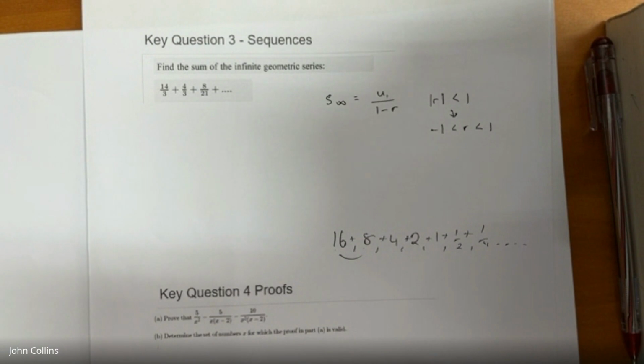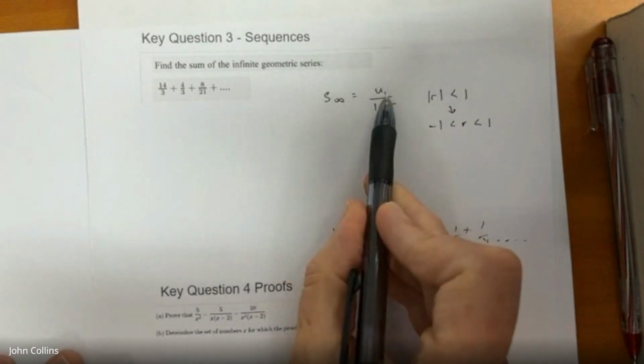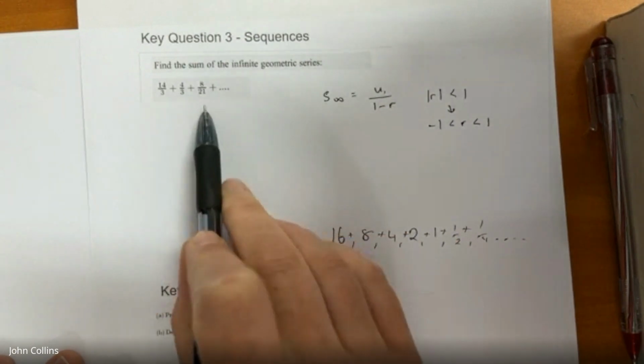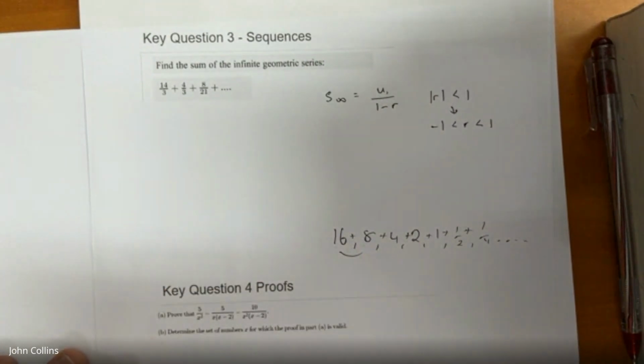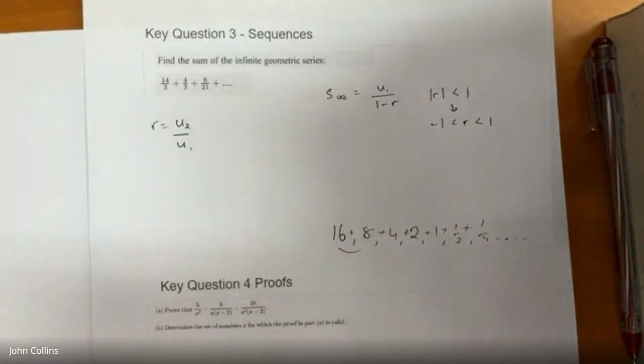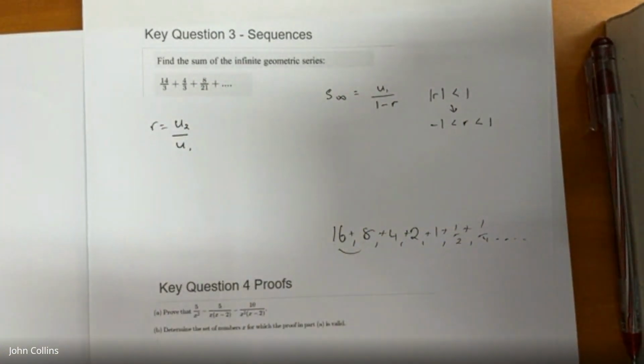Okay, so find the sum. For this, we have the first term of the sequence. All we need to find is the ratio. How do we find the ratio of this sequence? U2 divided by U1. This is a classic geometric or arithmetic sequence question. This is a geometric sequence. We divide for geometric. Geometric is multiplication.